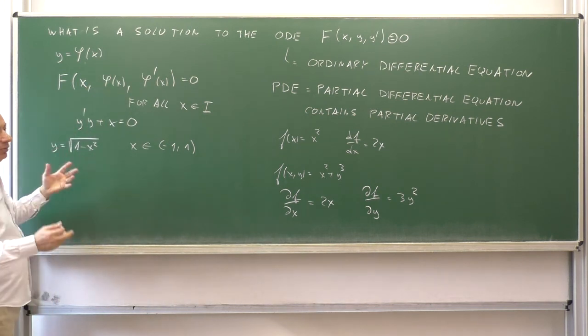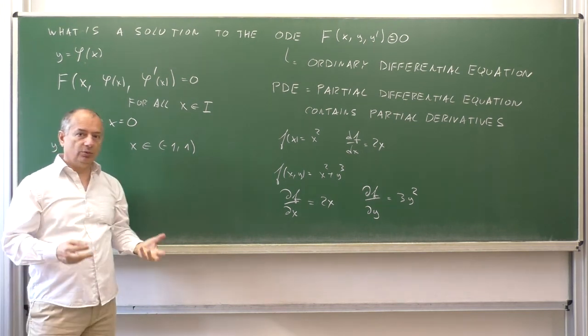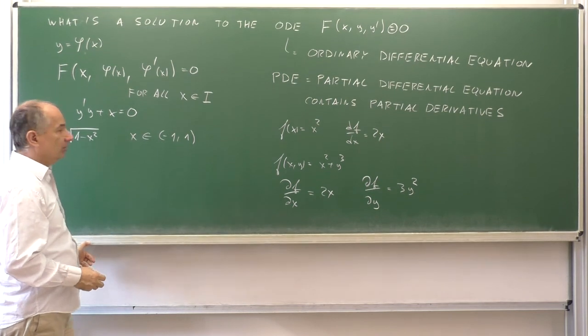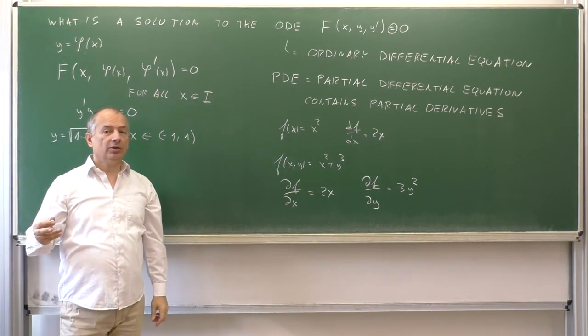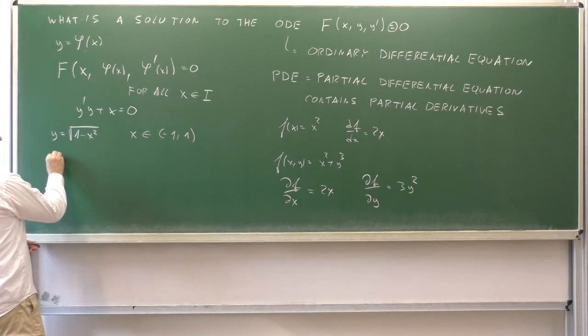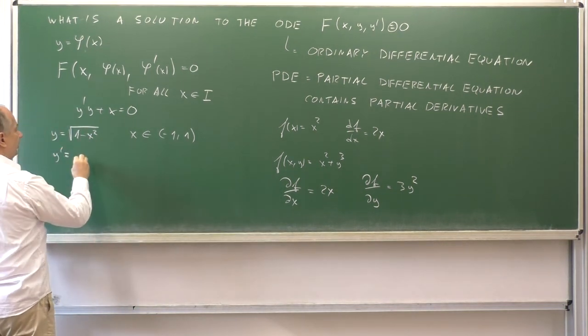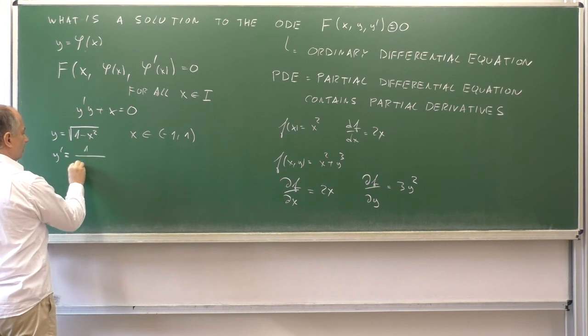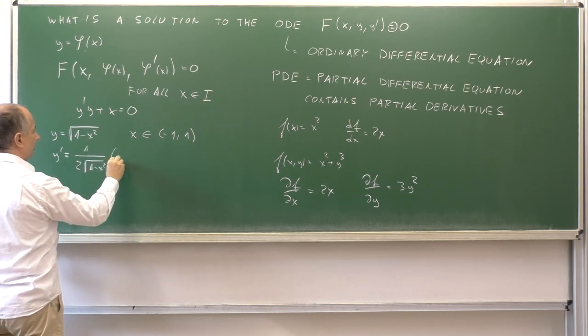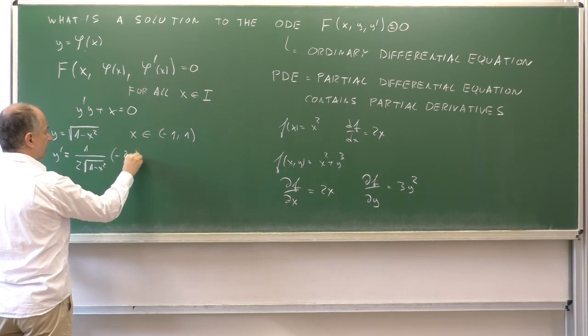So I want to show you how to check that this function is indeed a solution to this equation, and then I will show you a function which is not a solution. So we prepare the derivative. The derivative of the square root is 1/2 times 1 over the square root, times the derivative of the inner function, which is -2x.